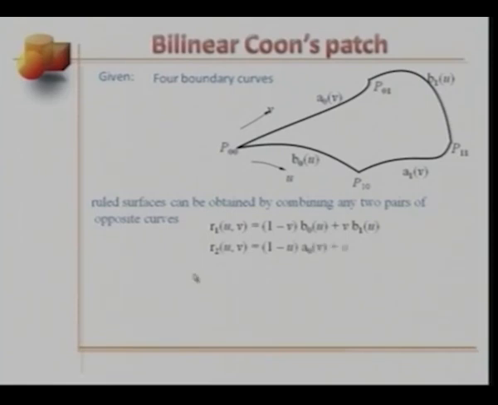R2 of uv equals 1 minus u times a0 of v plus u times a1 of v. Once again, we have a ruled patch by combining these two models, and we have another ruled patch R2 by combining these two opposite curves.